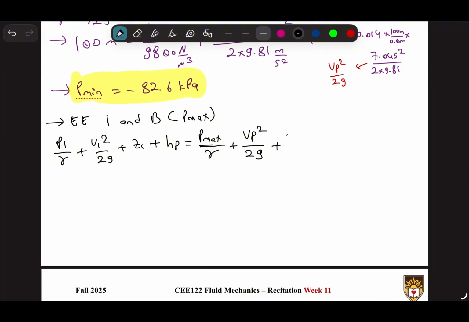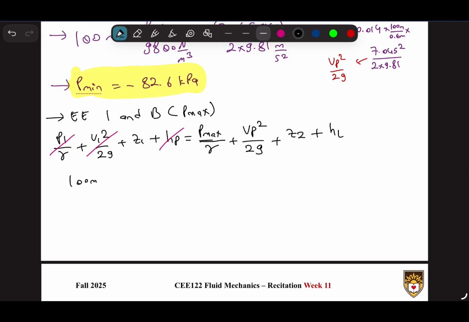And we have Z2 plus head loss. So these are again 0. We don't have pump. So Z1 is 100 meters. We will find P max plus we have velocity of pipe over 2g.